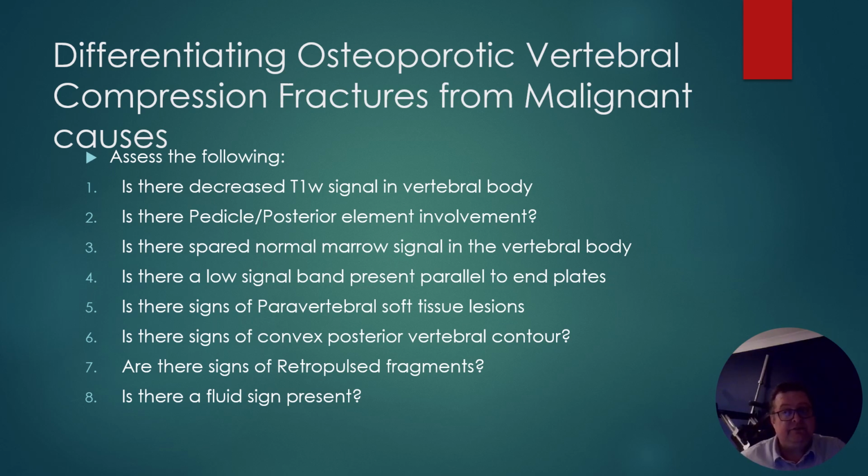Are there signs of soft tissue masses or lesions? Is there a change to the contour of the vertebral body, so is it more convex in nature? Are there signs of what we call retropulsion? Are there fluid signs? These are all things you can look for when you're looking at an MRI scan.